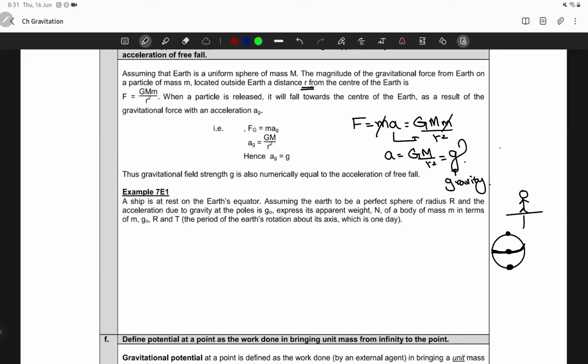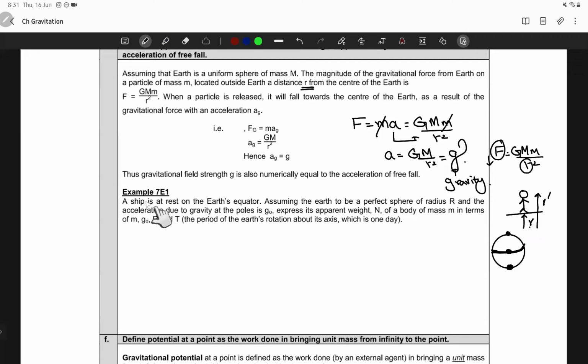Because g is GM by r squared, or you can write it in terms of F, which is GMm by r squared. So if I increase r, then the force decreases, right? So this distance is, say, r, and the distance to your head is some r prime. So very slightly, the force of gravity is different on your head compared to your legs. Yes, sir, I get that.